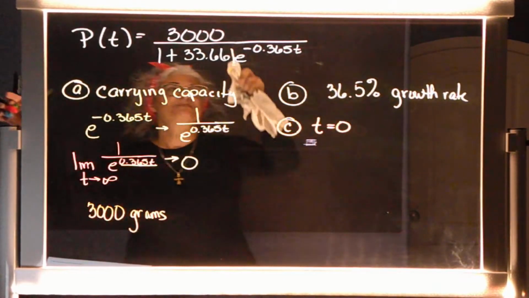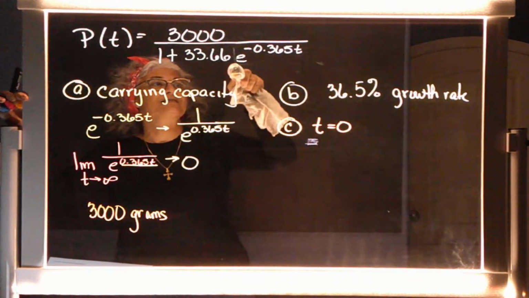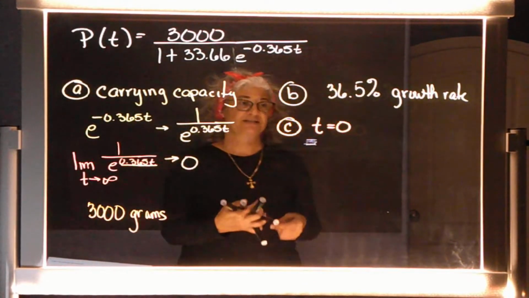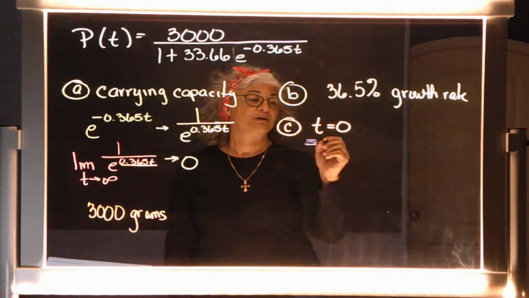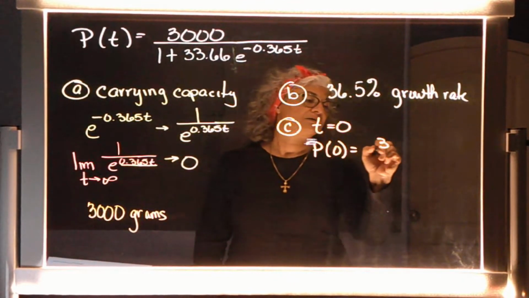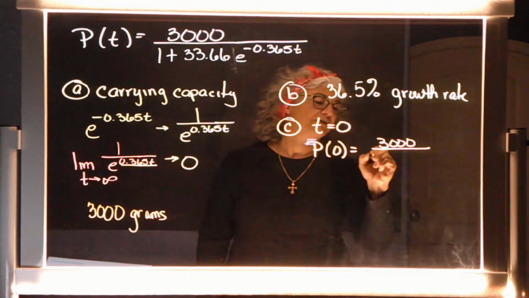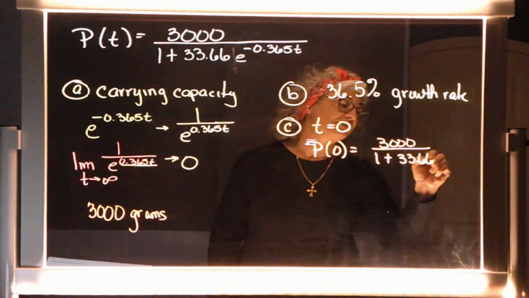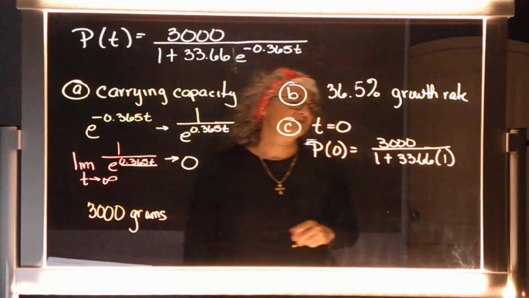That's 0. What's e to the 0? Yeah, e to the 0 is 1, isn't it? So for us, we're really working on 3,000 divided by 1 plus 33.66, and this e becomes a 1, doesn't it?